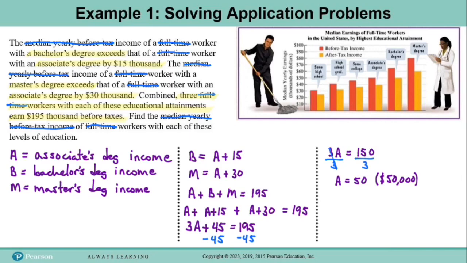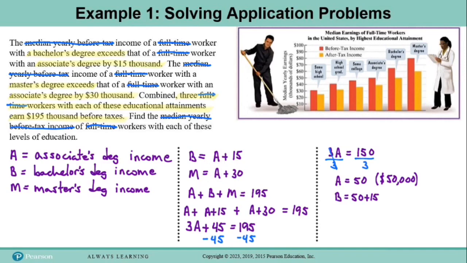And of course that was one of the values that we were asked to find, but we've also got to find the median yearly before tax income for the bachelor's degree worker and the master's degree worker. So now let's take our 50 and plug it into this little relationship that we wrote for B. So the bachelor's degree worker's income is the associate's degree worker's plus 15,000.